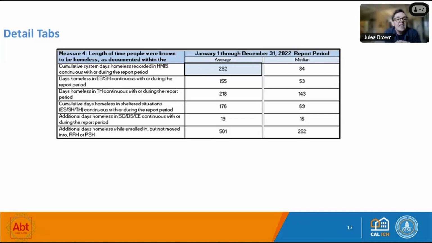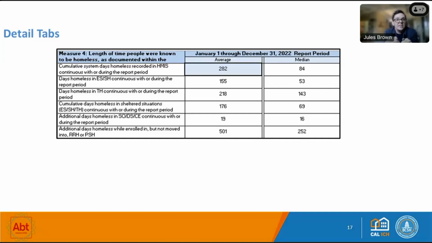The days where they do not have anything other than a touch point in street outreach, day shelter, or coordinated entry, which basically means a current living situation or the date of their move-in on a prior living situation, and then the 15 days around those current living situations, those days are then counted as homeless in street outreach, day shelter, coordinated entry, continuous with the report period.